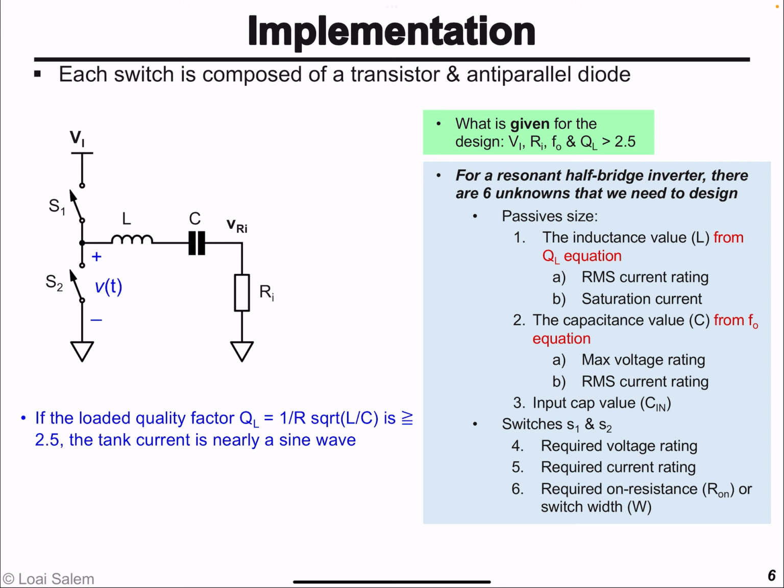Now, what's given? What are the given parameters for the design, and what are the unknowns that we need to design or essentially find? Well, first of all, you will be given the input voltage, and you will be given the value of the AC load resistance, as well as, according to the standards that will be used for wireless power transfer, you will essentially know the resonant frequency, the channels that we're going to transmit the power across.